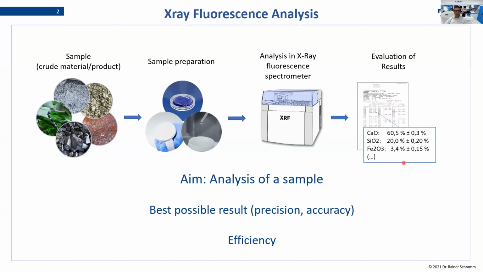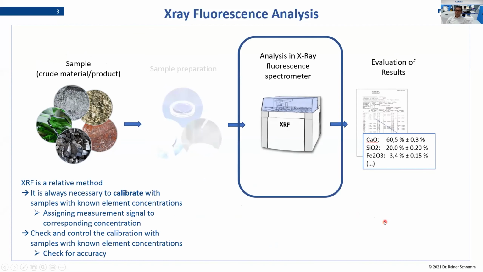The idea, of course, in such an analysis is to get the highest precision and accuracy possible. Unfortunately, an X-ray fluorescence spectrometer cannot directly quantify how much of an element is in a sample. It can only compare. And that's why we need reference materials.